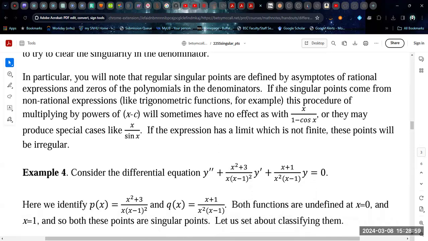Now, regular singular points are defined by asymptotes of rational expressions and zeros of polynomials in the denominator. So if the singular point comes from non-rational expressions like trig functions, multiplying by x - c sometimes will have no effect, and sometimes it will produce special cases of limits where you can, in fact, convert these to regular points. Otherwise, they will remain irregular.